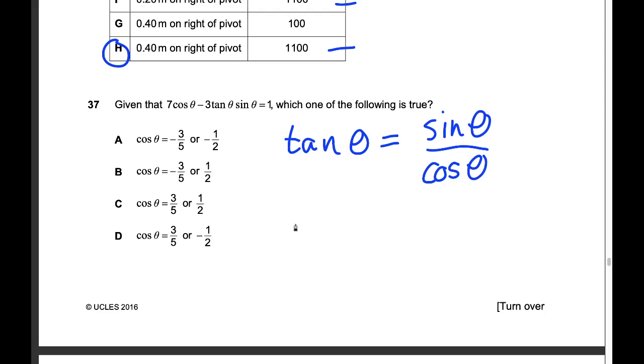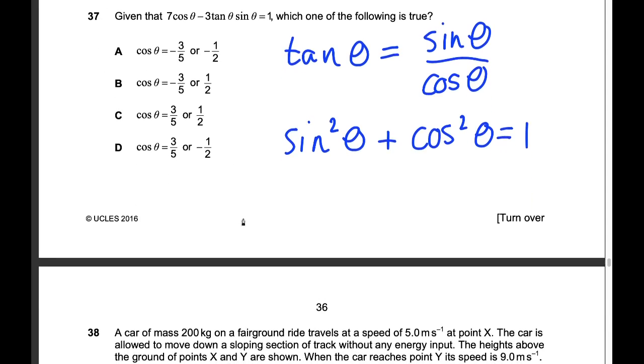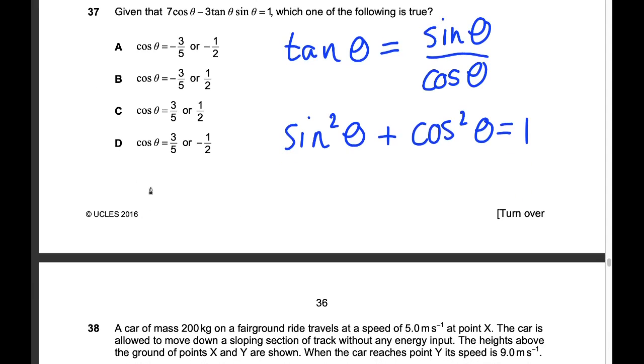And another one is that sine squared theta plus cos squared theta is equal to 1. I think I'm going to be using both of them here. So let me just scroll down. I'll do it in this gap here. So I'm just going to call cos C, I'm going to call sine S, and I'm going to call tan T, but I'm actually going to replace tan in a minute.